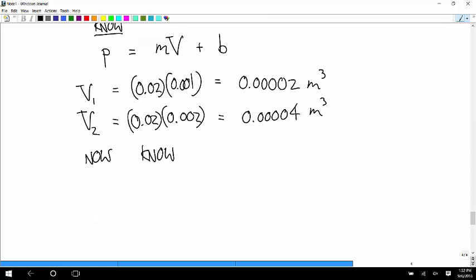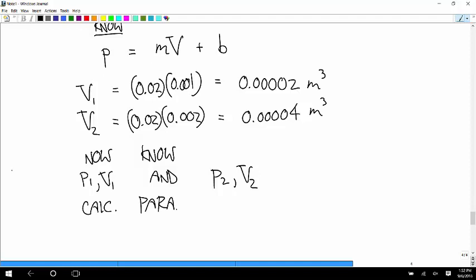And now, let me just sort of describe what's going on. Now you know P1 and V1 and P2 and V2. Calculate the parameters m and b.